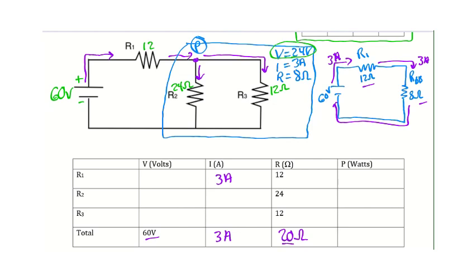And what was the blue box covering up? Well, it was covering up resistor 2 and resistor 3. So I know resistor 2 should get 24 volts, and I know resistor 3 should get 24 volts. I'm going to go ahead and fill that in on our VIR table right now.